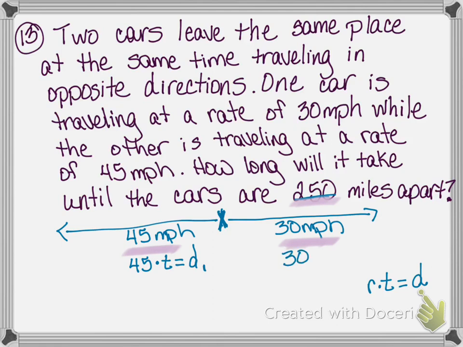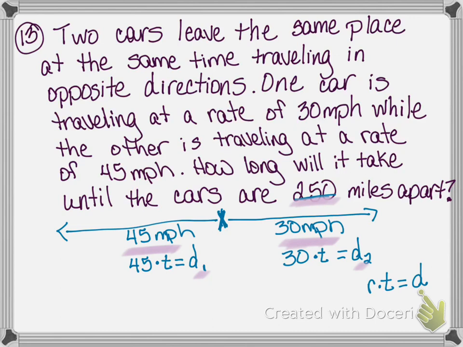So I have 30 miles per hour times whatever time that I'm traveling is going to equal the distance of the second car. Okay, but I want to know the total distance, and I do know the total distance. The total distance is 250. So if I add the distance my first car travels to the distance my second car travels, then I'm going to have the 250 miles.